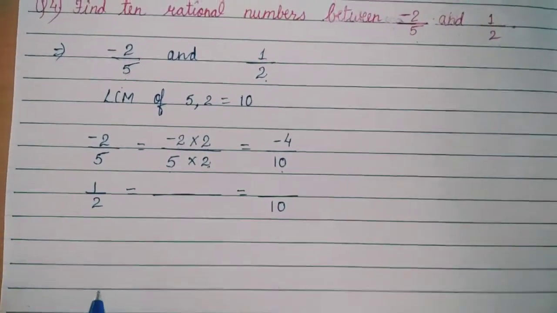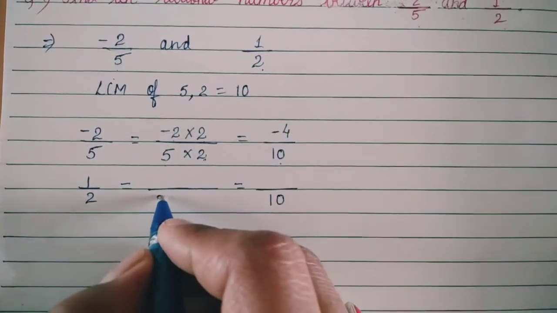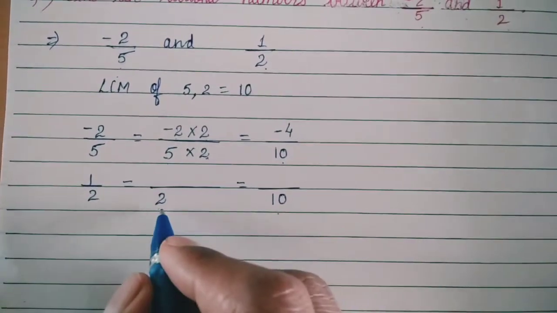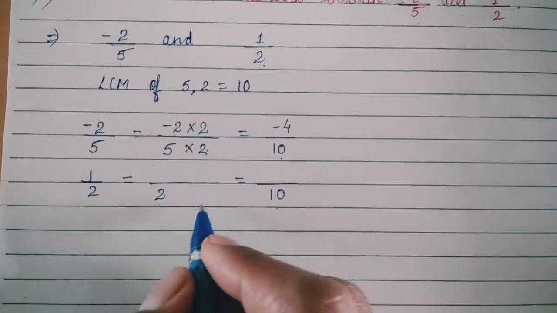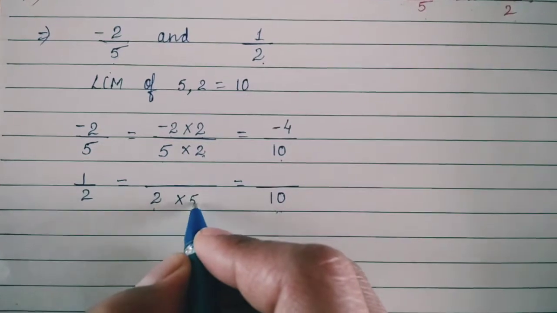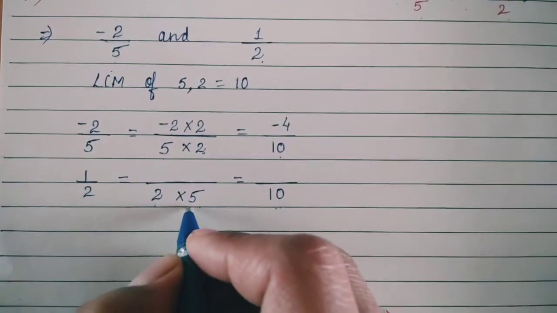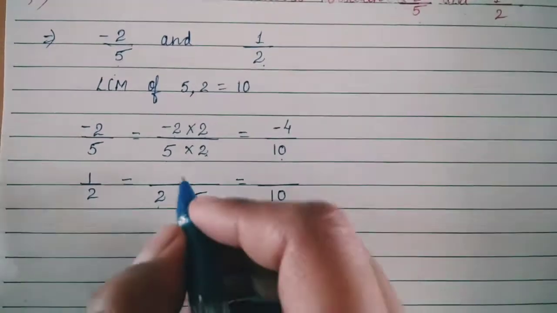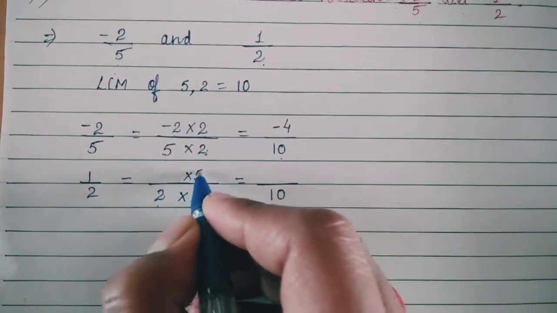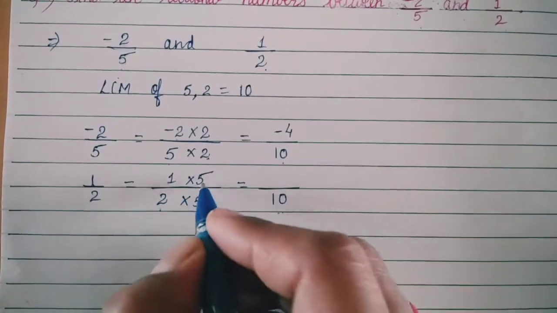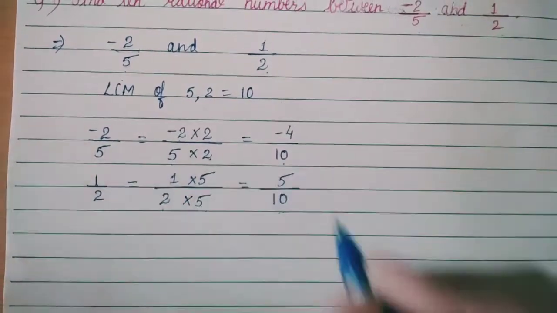Same we will do here. In the denominator we have 2, and we need to make it 10. When we multiply 2 by 5, we get 10. So we multiply by 5 in the denominator and the same in the numerator, and in the numerator we have 1, so 1 into 5 is 5.